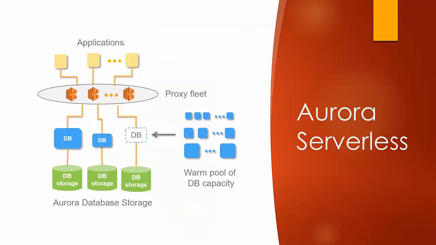Lastly, before I leave, the one thing I would like to show you is a new product they came out with a little while ago called Aurora Serverless. With this, you don't actually have a database instance. It keeps all the instances in a warm pool, and the application connects via proxy to the database that's up and ready to go at that time.